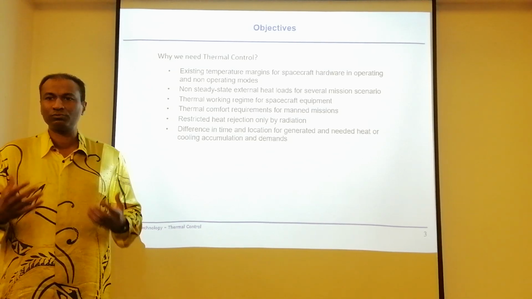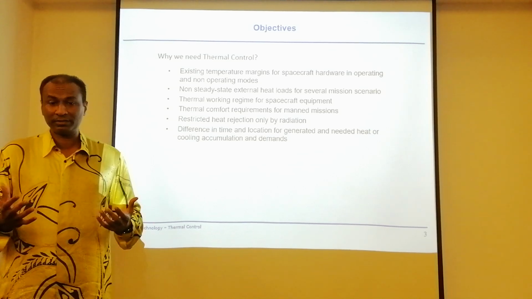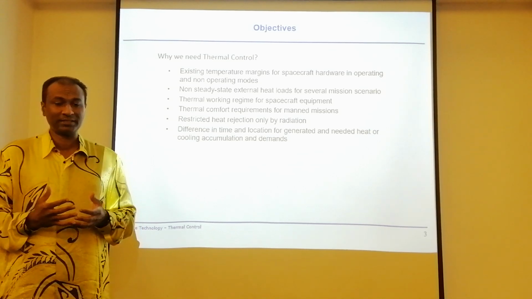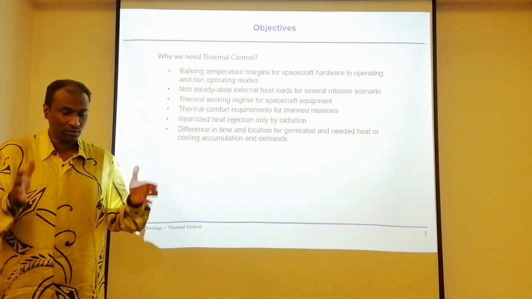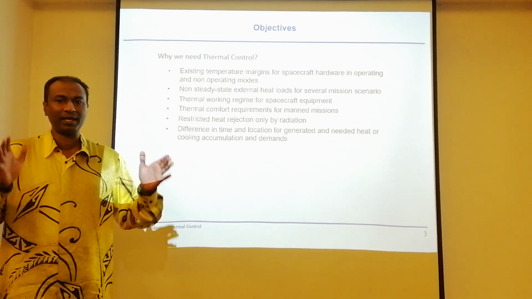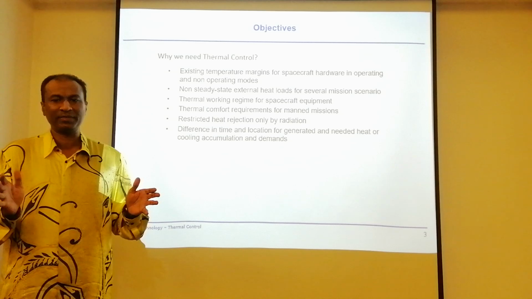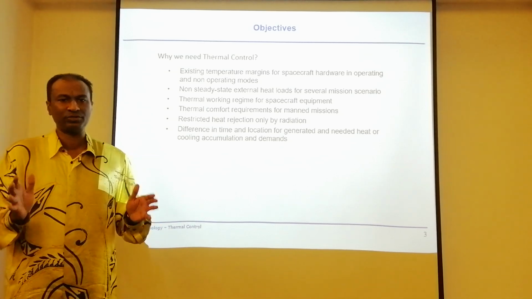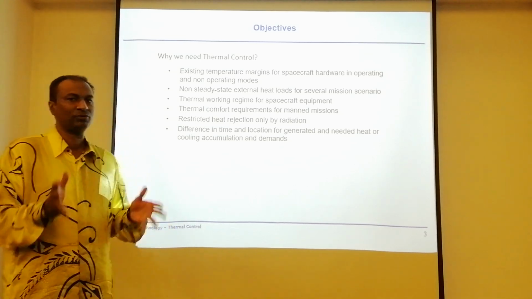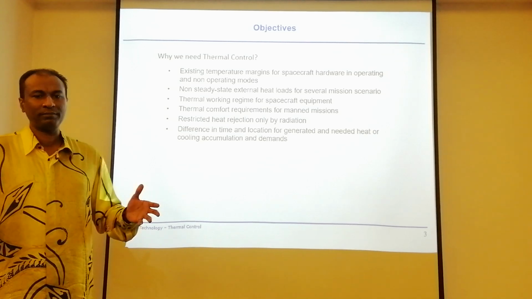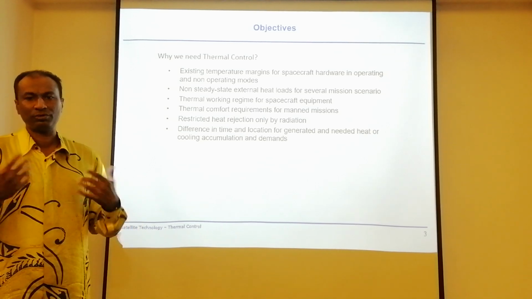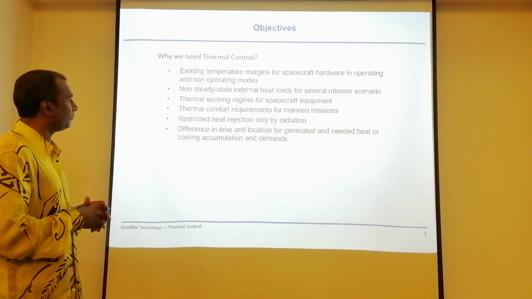How do we control it? The important thing is to ensure all our equipment is operating within a given temperature regime. That is the challenge. If you don't control it, you will be out of the regime, and that is going to lead to a catastrophic failure.